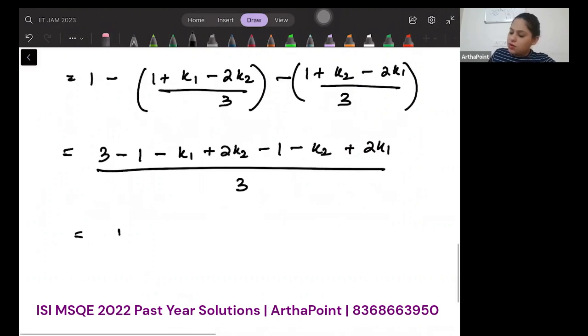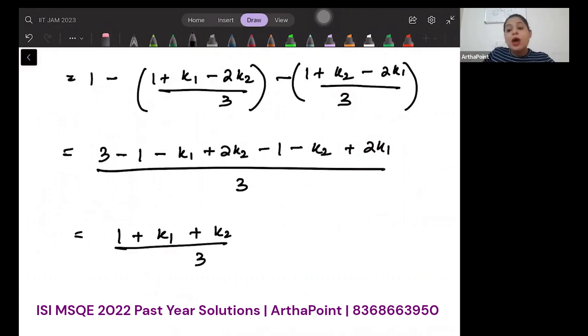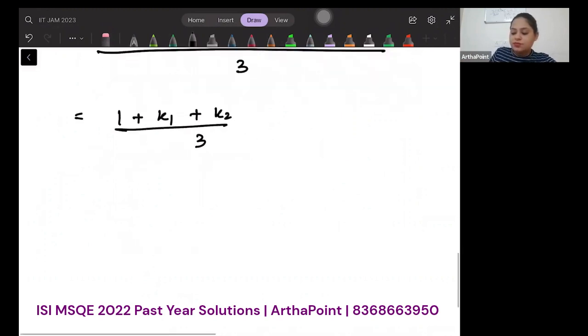So it is going to be (1 plus K1 plus K2) by 3. This is your price. Now it is asking you to find the profit of firm 2. Just do that. So profit of firm 2 will be price minus its marginal cost, times its quantity.